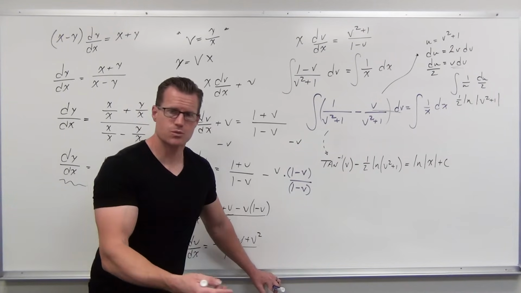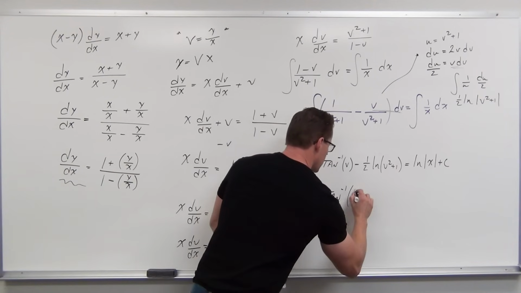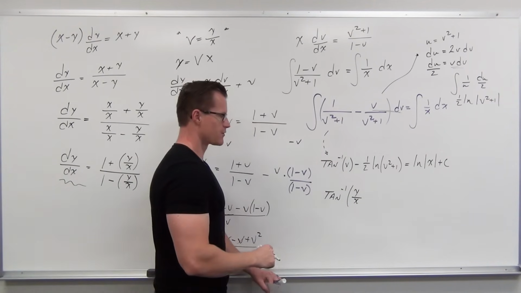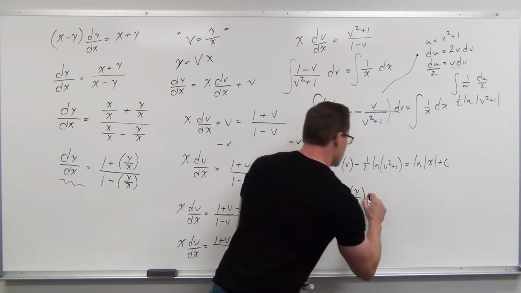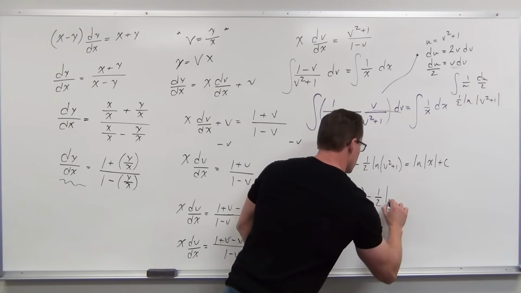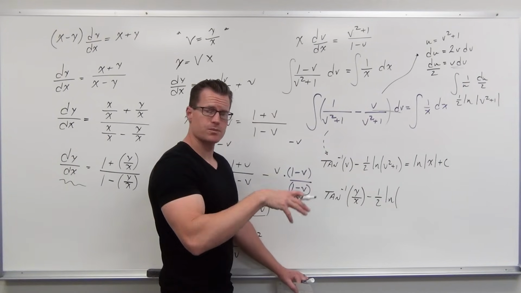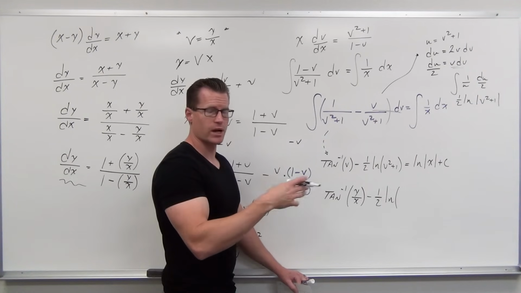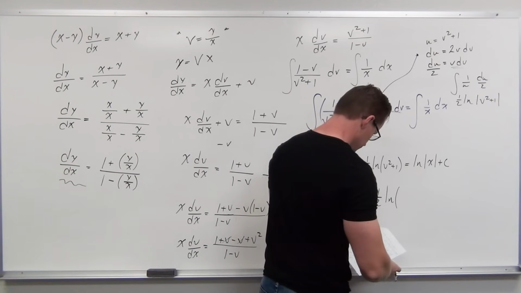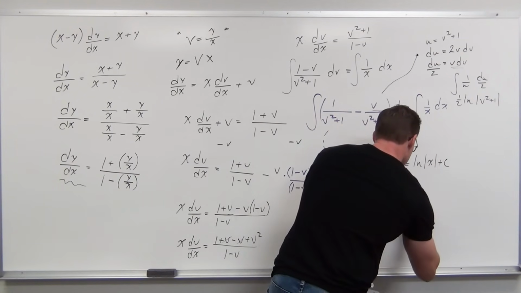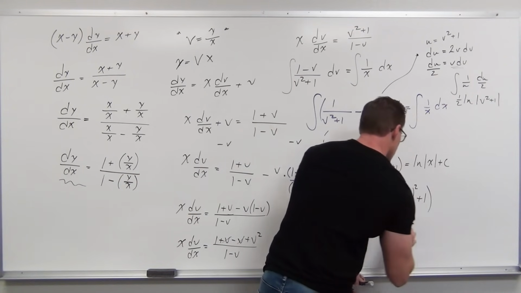So if v equals y over x, then we're going to have a tan inverse y over x. Looks great, relatively. Minus 1/2 ln v squared means y over x squared, or y squared over x squared, plus 1.